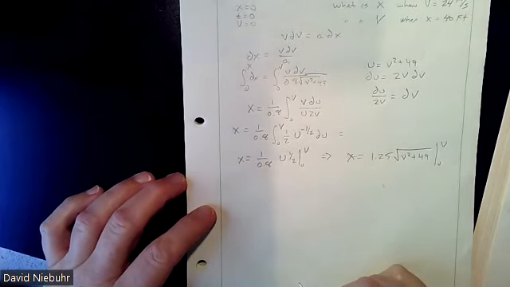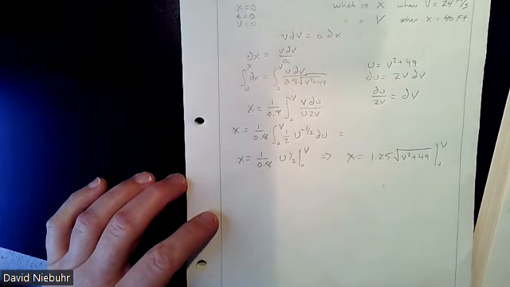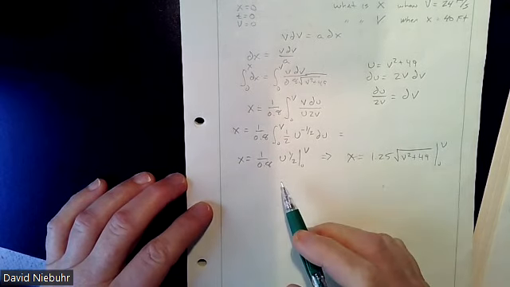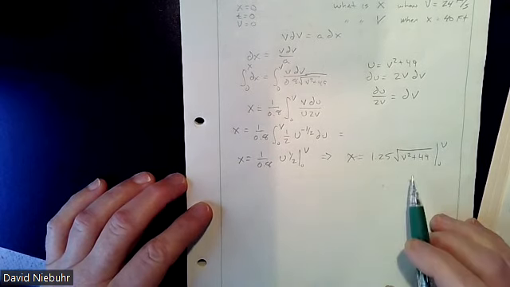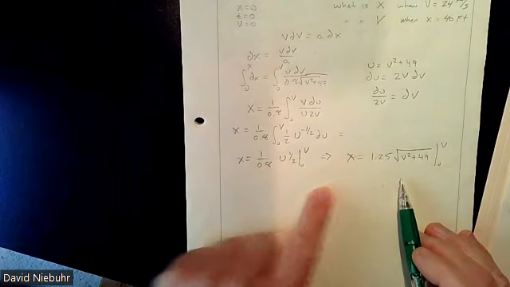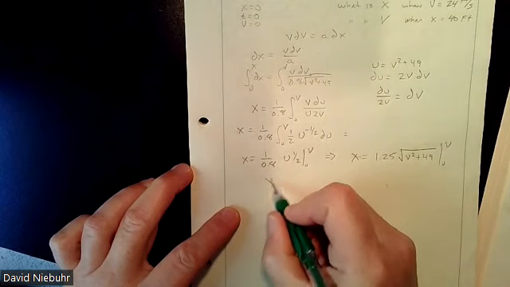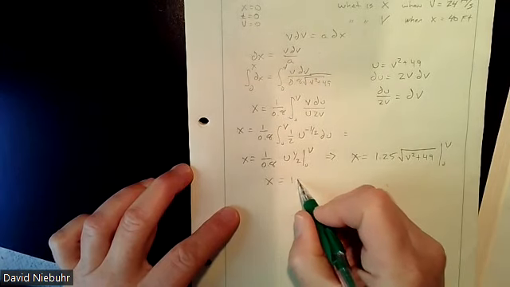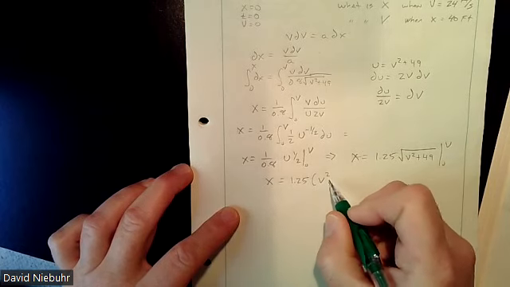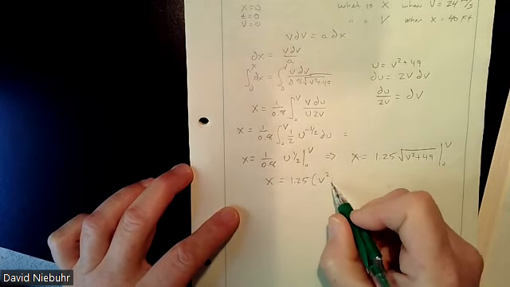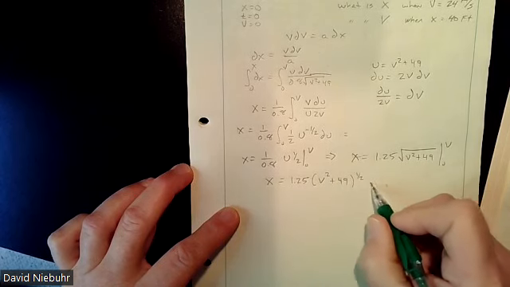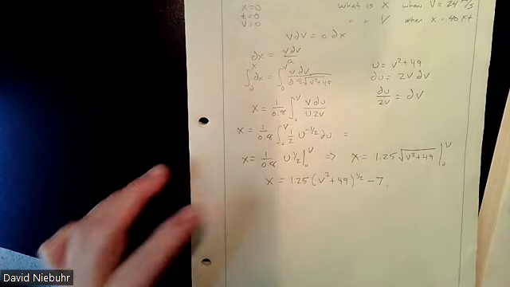Now if we plug in what we know, because remember what we're trying to find, we have this relationship. Our final x value is x equals 1.25 times (v squared plus 49) to the 1/2, minus 7.